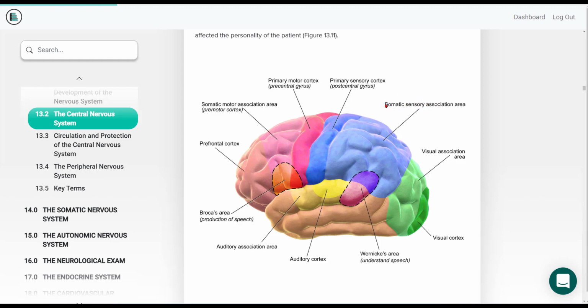In this case, this is the area of the brain that contributes to your sensory components, but your primary sensory area is here on the postcentral gyrus. Same thing in the frontal lobe. You have the primary motor cortex, but there's another part of the brain that's also contributing to motor control, and it's referred to as the association area.